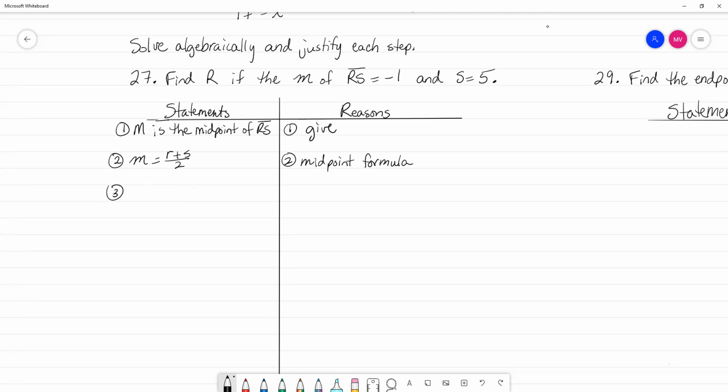We state the appropriate formula, which is the midpoint formula. Then we need to state that we actually have values for the midpoint and for one of the endpoints, point S. So we would state that M is equal to -1 and endpoint S is found at coordinate 5. This is also a given.